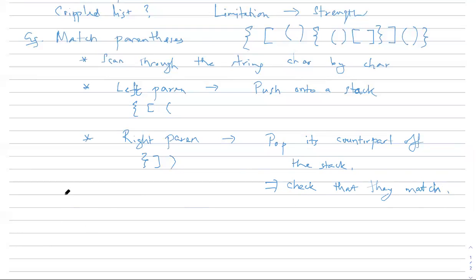So you can imagine, if you have a stack like this, first you encounter this left parenthesis, then you encounter this, then you encounter this, and as soon as you encounter the right parenthesis, you want to pop this out, and you're matching that it indeed matches the corresponding parenthesis, and then you continue.